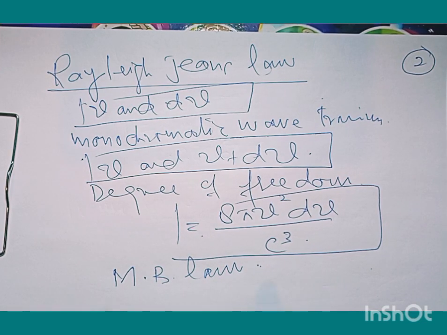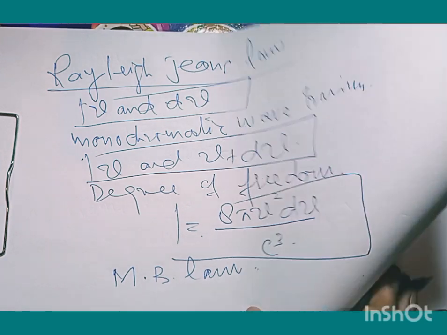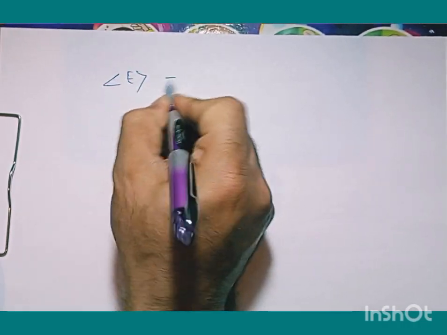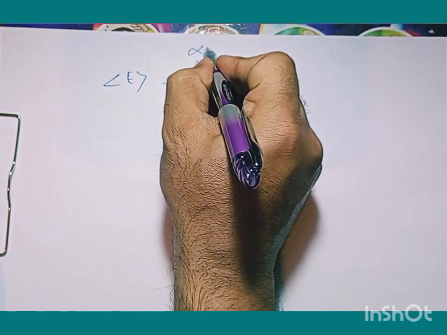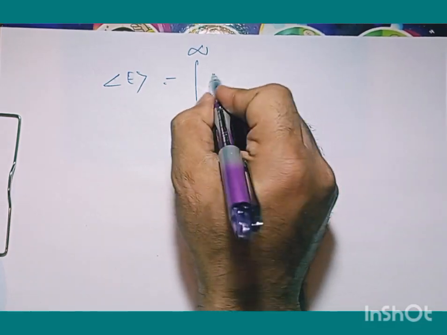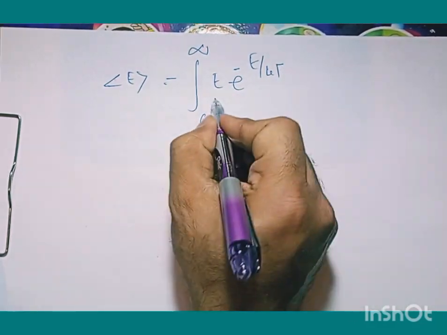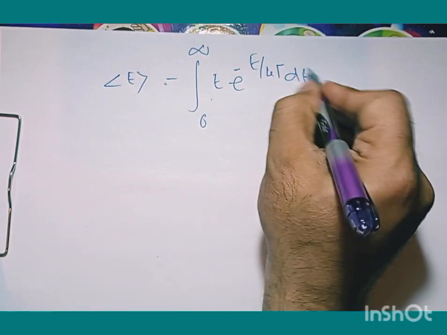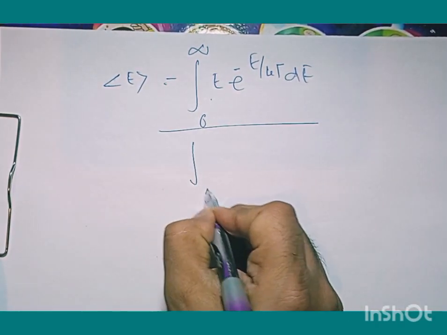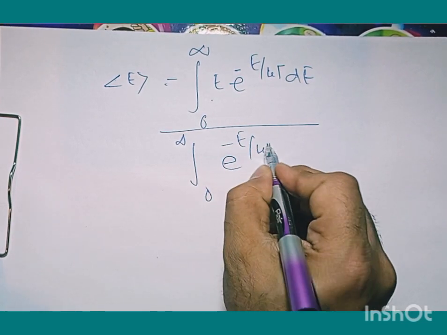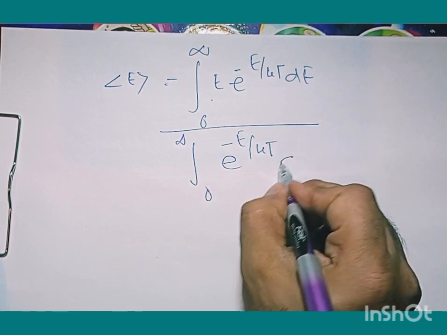the energy associated with each degree of freedom, say it is E, can be written as the integral of E times e to the power of minus E by kT dE, divided by the integral from 0 to infinity of e to the power of minus E by kT dE.